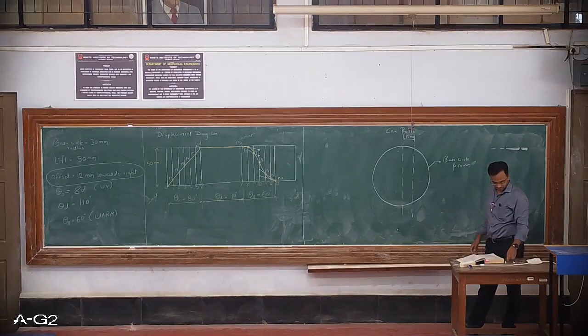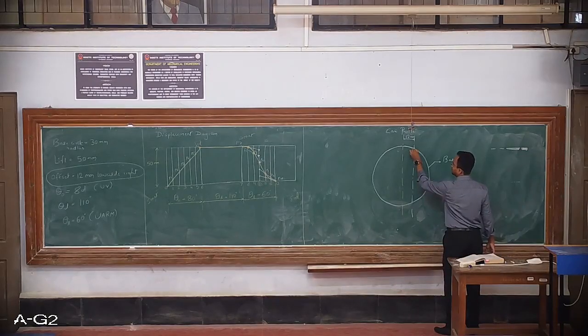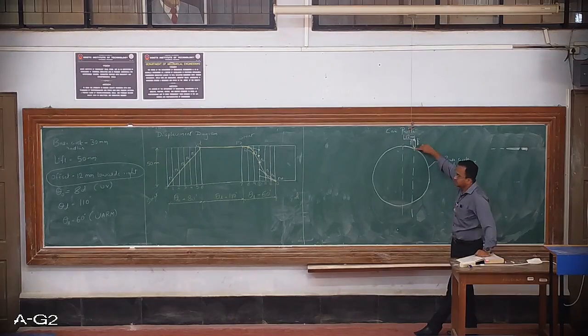Now the follower has to be drawn exactly over here. So the initial position of the follower will be here, which is 12 mm towards the right side. This is the offset distance.